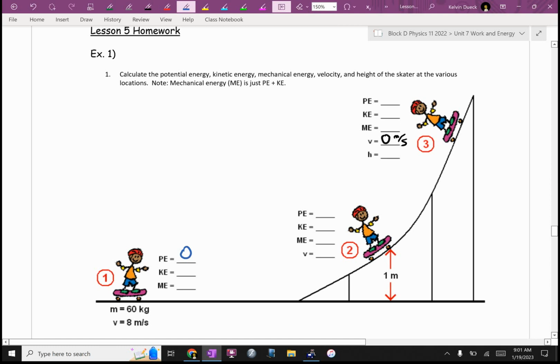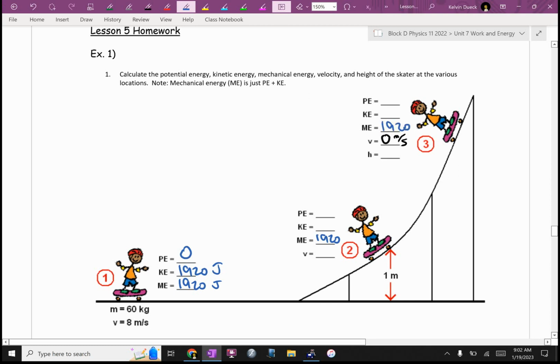So what is it? That sounds better to me. 1,920 joules. What's the total energy? In your head, 0 plus 1,920 is? That's the mechanical energy. And you can fill that anywhere it says ME. That's your total energy. 1,920.